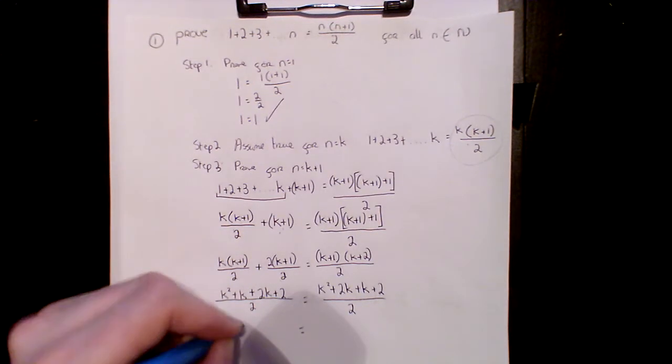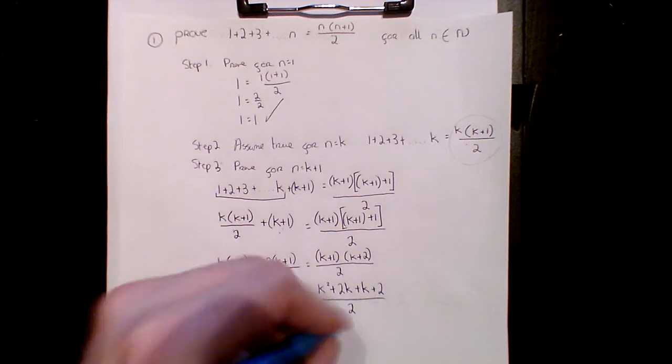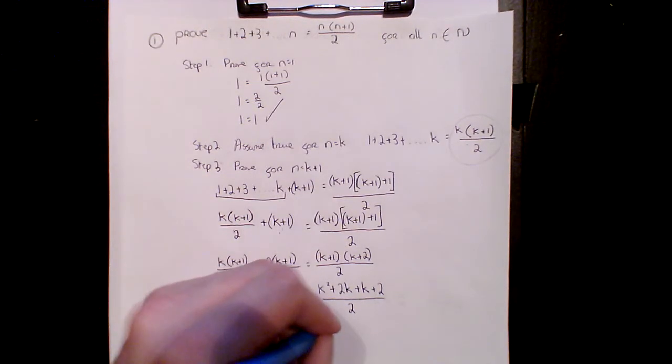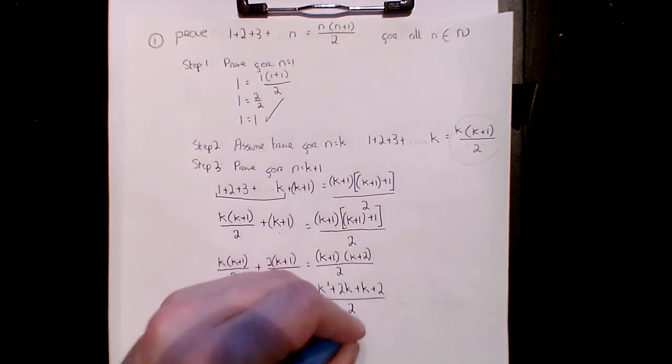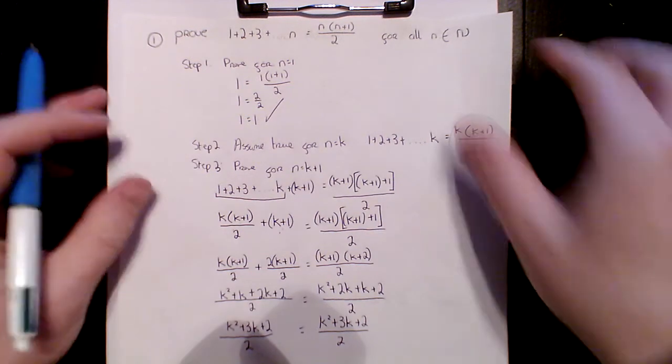Simplify this: k squared plus 3k plus 2 all over 2, and this simplified is k squared plus 3k plus 2 all over 2. They are equal.